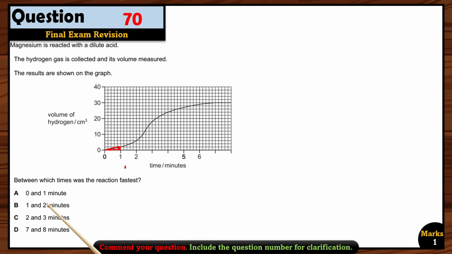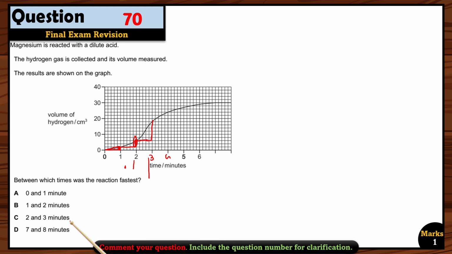Now let's see for 1 to 2 minutes. This is the ending point of 1, so you can draw it from 1 to 2. Now you see this is a little bigger. Now for 2 to 3 minutes, your 2 is ending at this point, so you can draw the line again over here, and this line is even bigger.